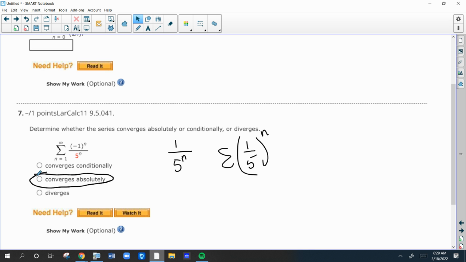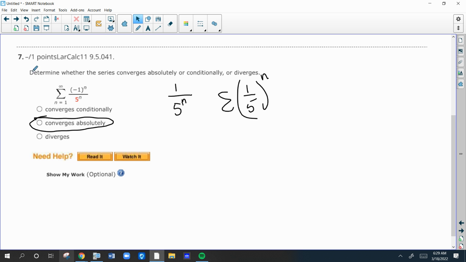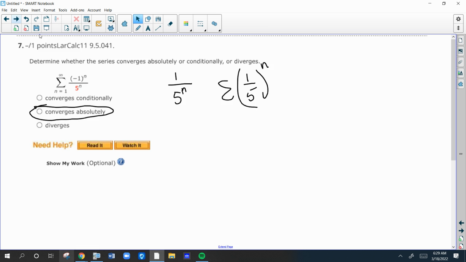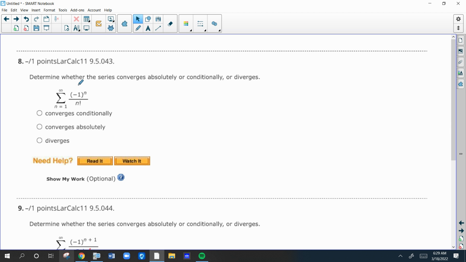It has absolute convergence. You don't even have to check the alternating. You don't have to use the alternating series test. In other words, if you get absolute convergence, then you're good to go. You're done.